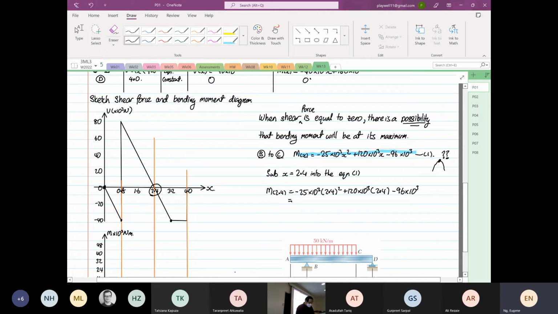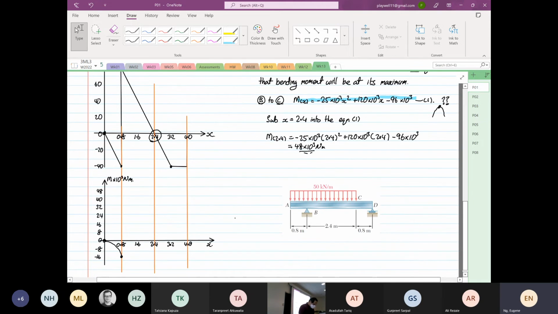So this will yield 48 times 10 to the power 3 Newton meter. Okay. So you know that this will go up to 48.